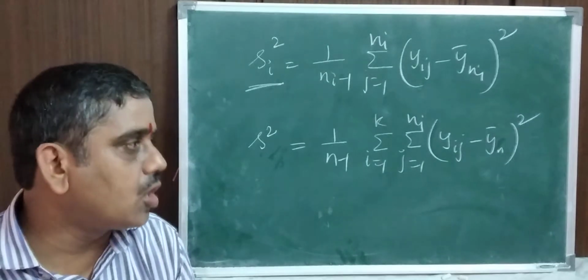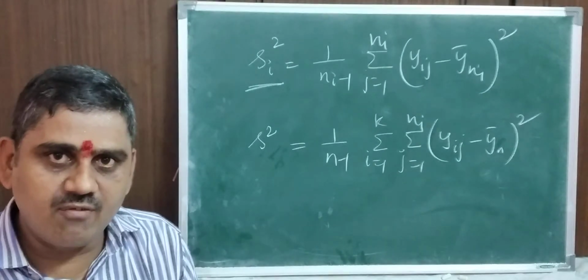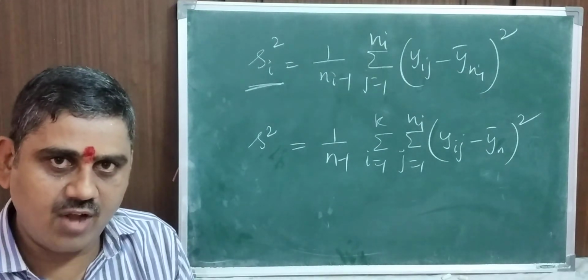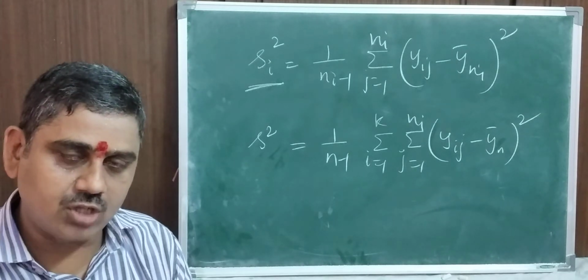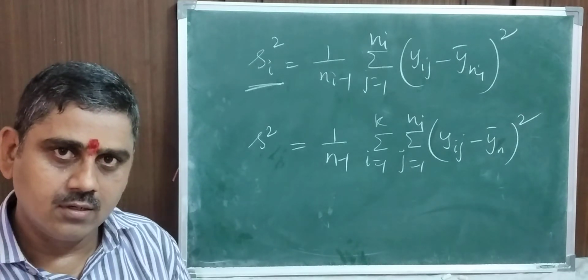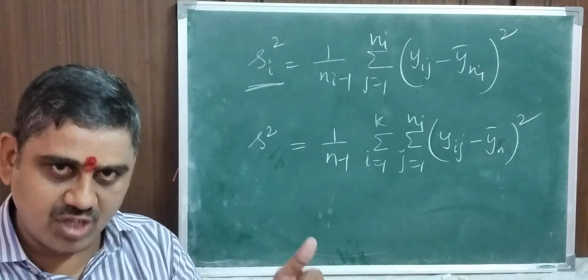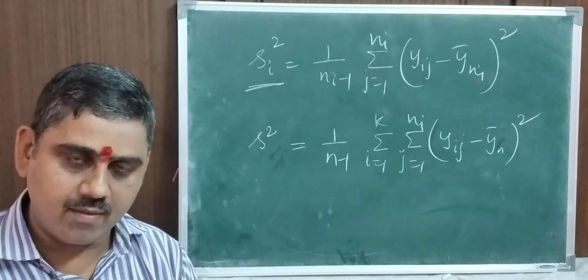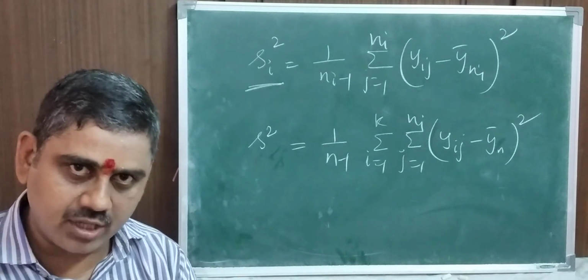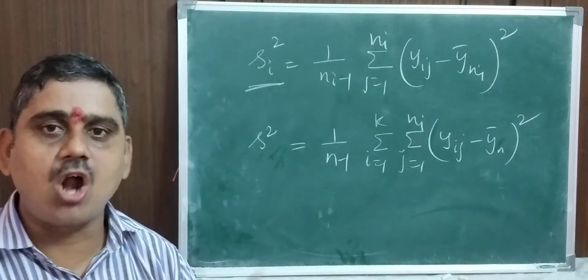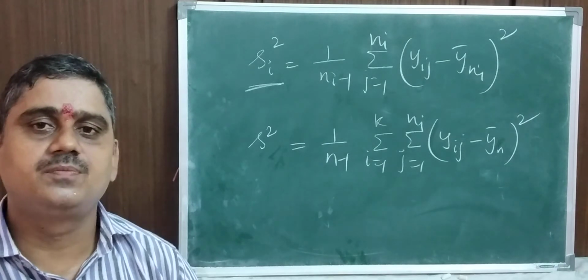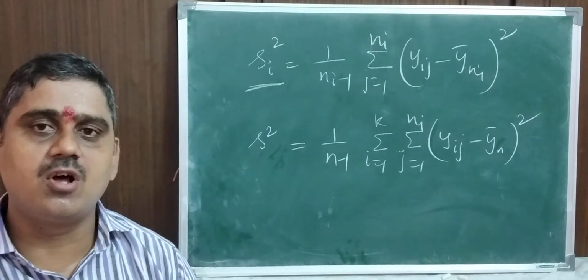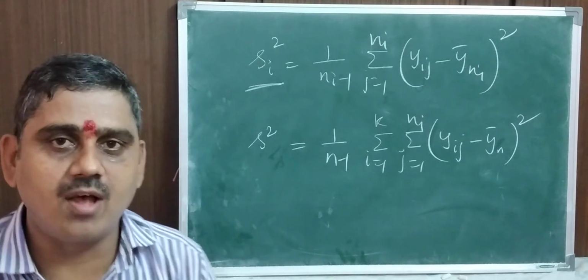So at the end, these are all notations of stratified random sampling. Kindly learn the technique, study the technique, and then the definition of stratified random sampling. Understand stratified random sampling, and then start studying the notations, formulas, and terminology of stratified random sampling. Thank you.